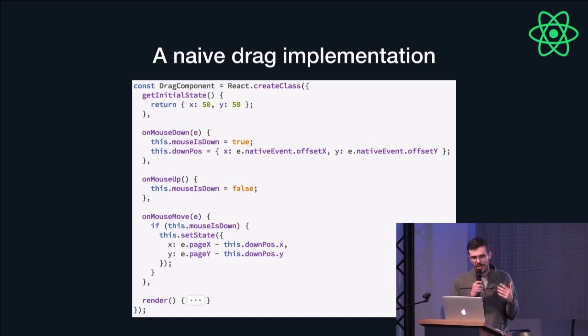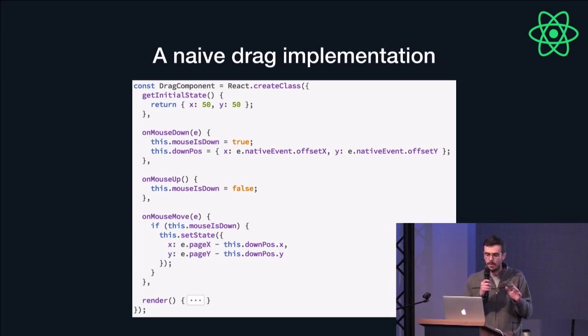When the user releases the mouse button, the on-mouse-up handler is called and sets the intermediate state to false. Then, when the user moves the mouse, if the intermediate state mouse-is-down is set to true, it will update the state of our component, which will trigger a re-rendering.